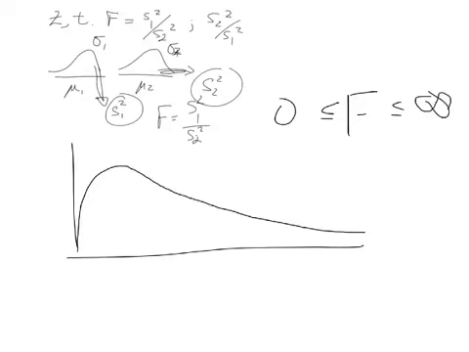And of course, the further we go out this way, it means that the one variance is extremely larger than the other. So let's just say that 1.0 is here, where the two variances are the same. Then as you go towards the extreme right, S1 squared is greater than S2 squared.